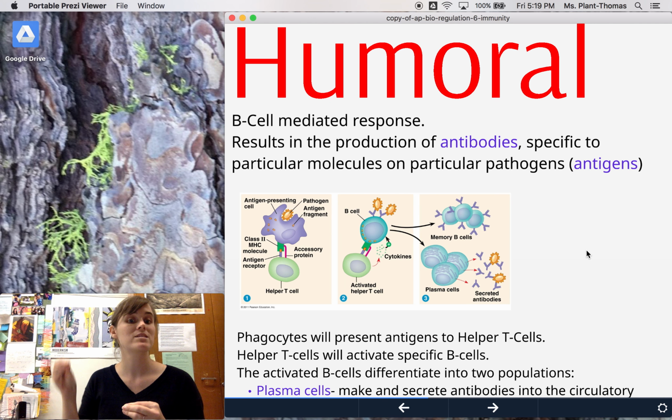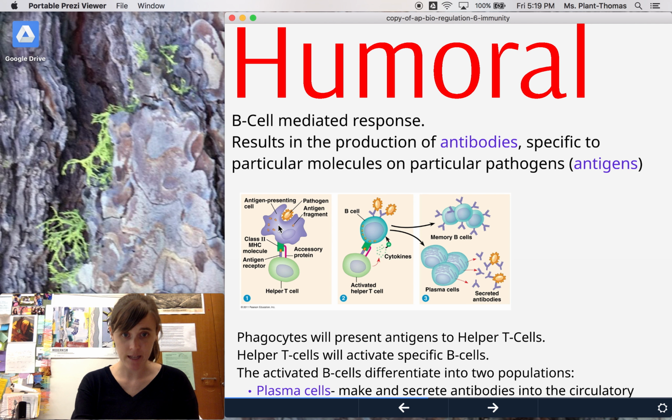Okay, so here's the sequence of events. We have a helper T cell here. We have a phagocyte here. The phagocyte has ingested a pathogen. Here we see that happening. The pathogen is broken down.